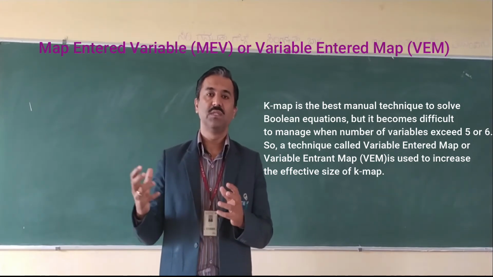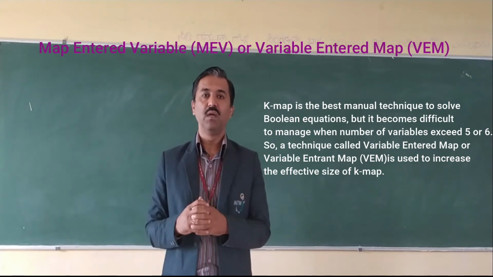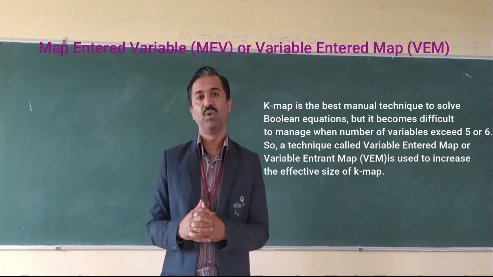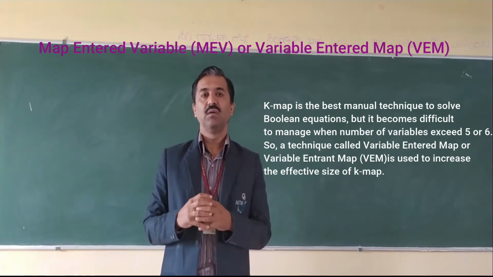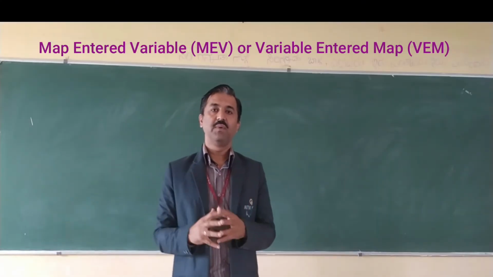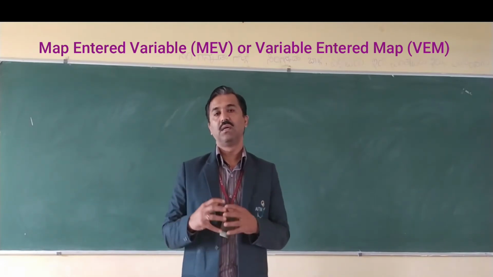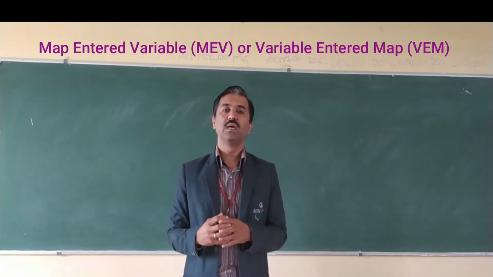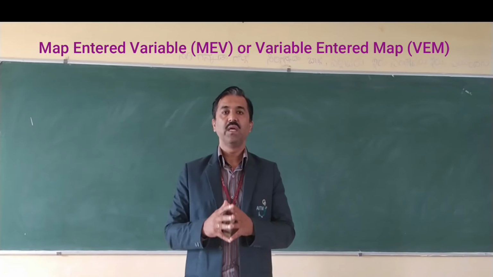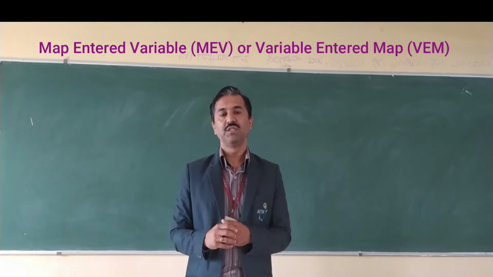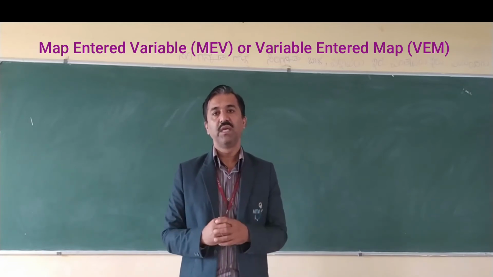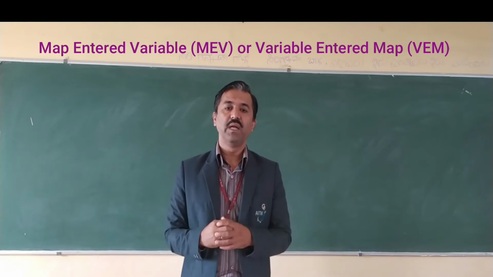If we have 5 or 6, it becomes very difficult to identify the prime implicants or essential prime implicants or simplify the given Boolean function. For that, we have a process of reducing the variables: we may represent a 4 variable function using 3 variables only, or a 3 variable function using 2 variables. That is what we call map entered variable or variable entered map.